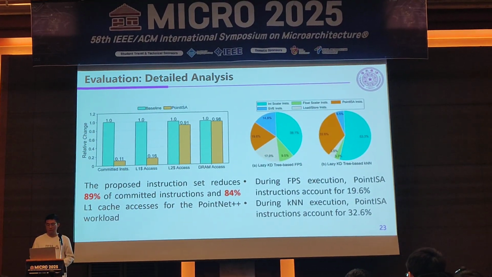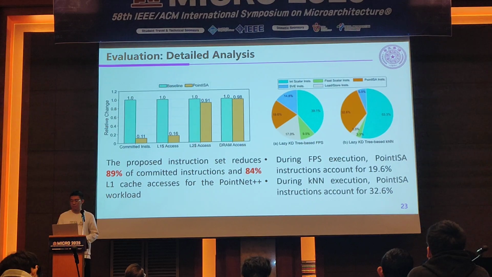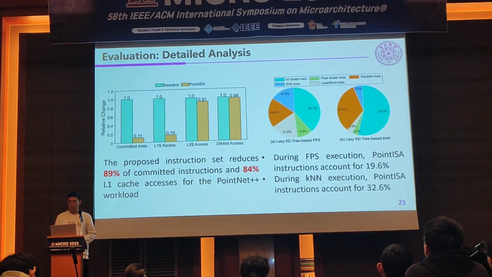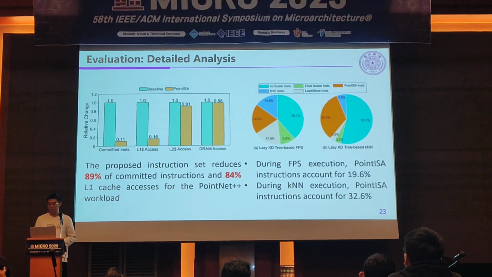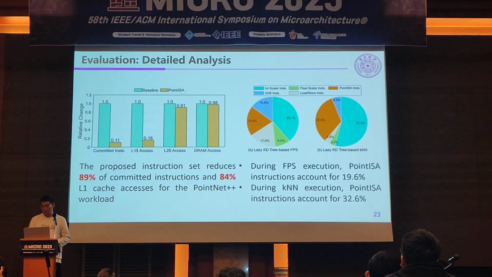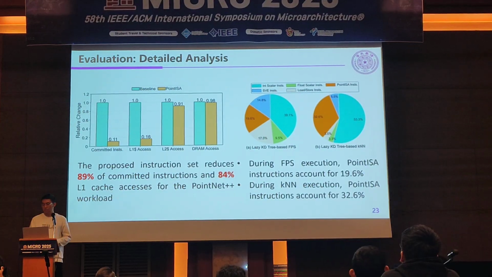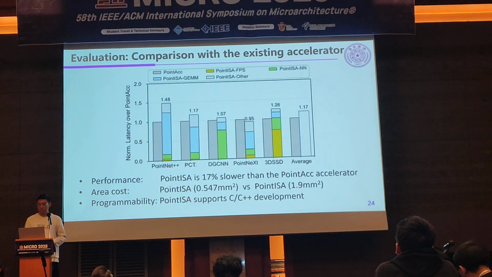As shown on the right side, the point ISA instructions make up about 20% of total instructions in IPS and 33% in HiDDEN. This shows that these intrinsic instructions play a key role in the most computation-intensive stage.